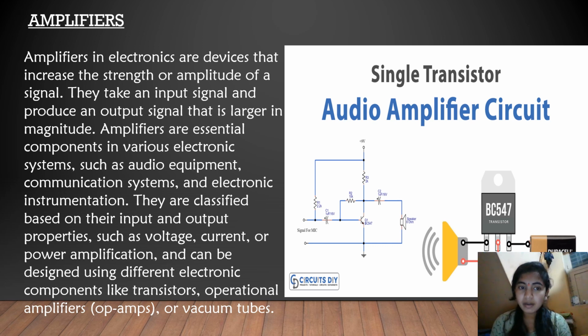They are classified based on their input and output properties, such as current, voltage, or power amplification, and can be designed using different electronic components like transistors, operational amplifiers (op-amps), or vacuum tubes. Here is a simple diagram of a single-transistor audio amplifier circuit.